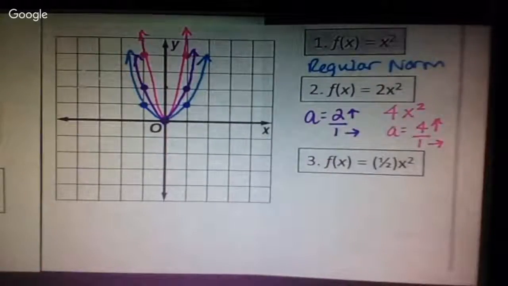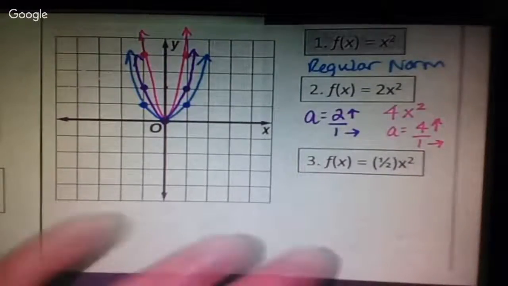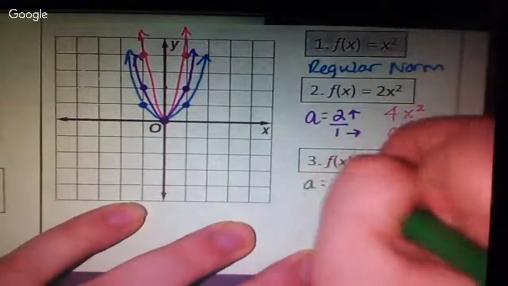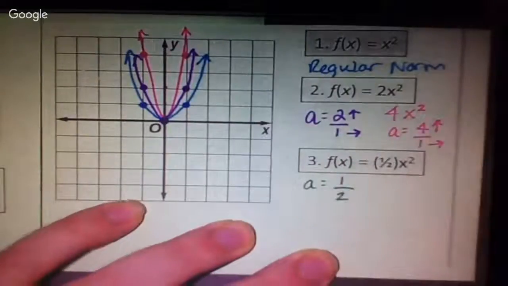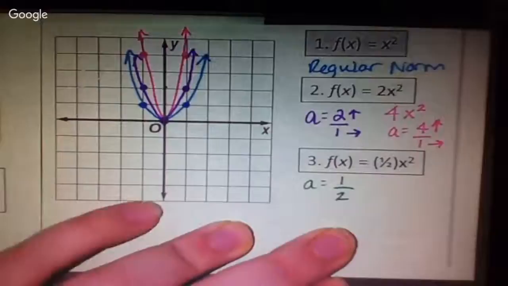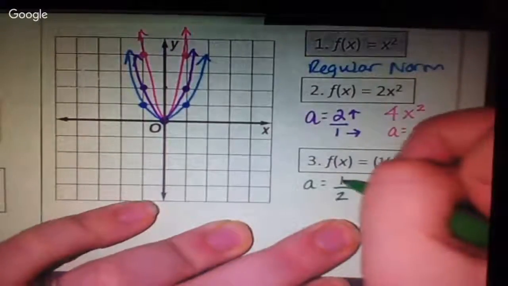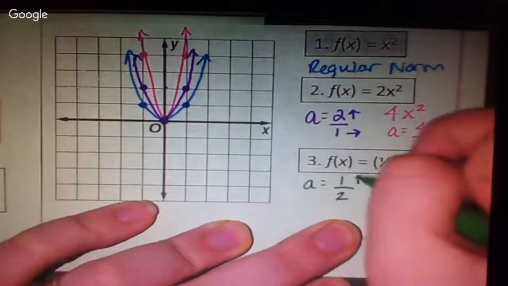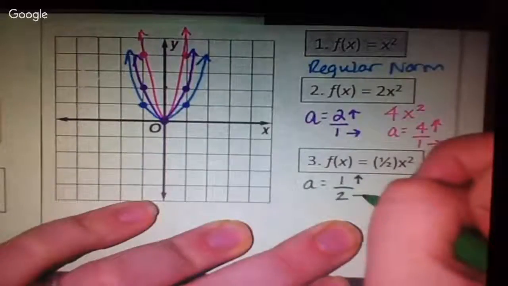That would be fatter. So number 3, my a value is what? 1/2. So that means it's getting fatter. What's my slope look like with a then? 1 would move it up, 2 would move it to the side.